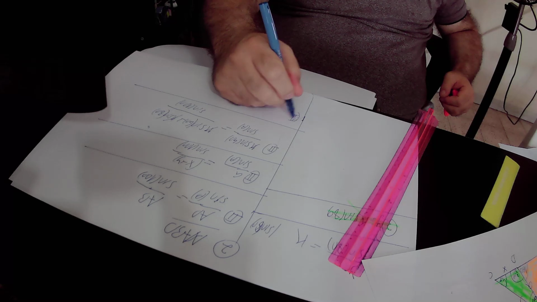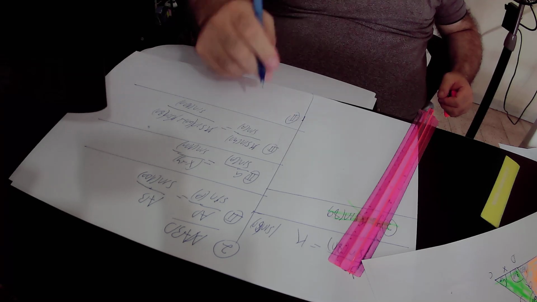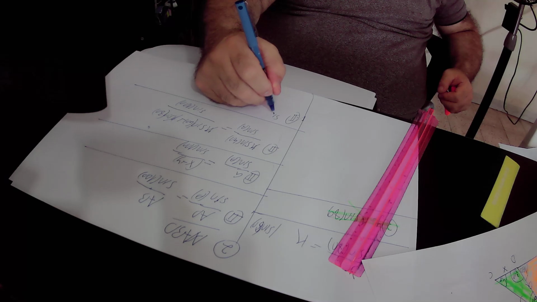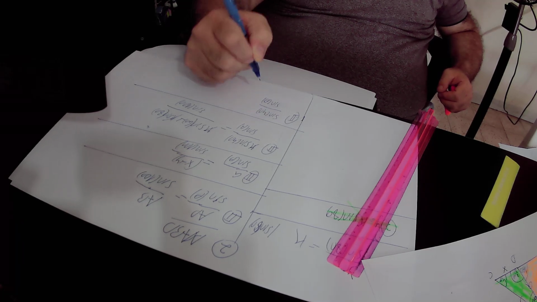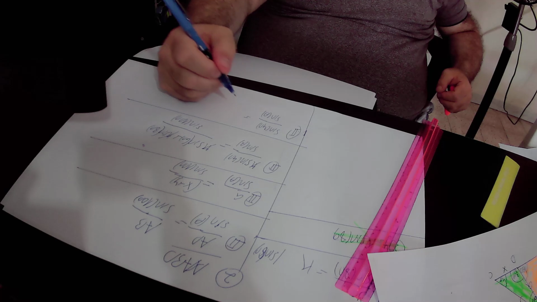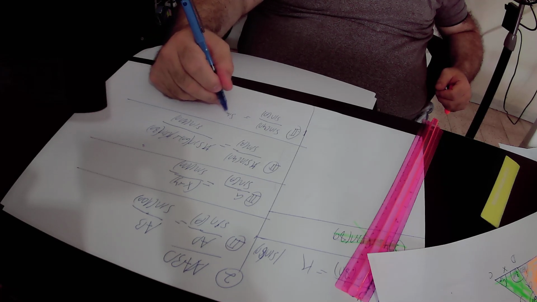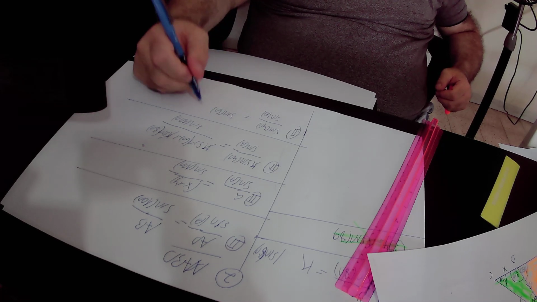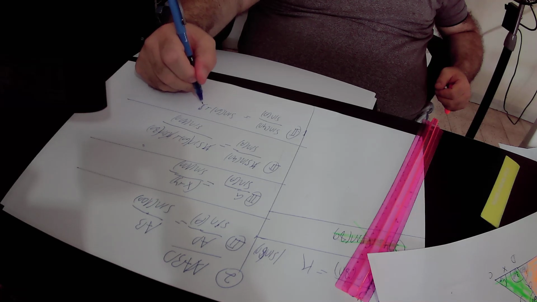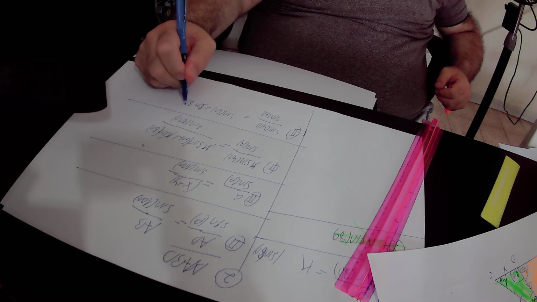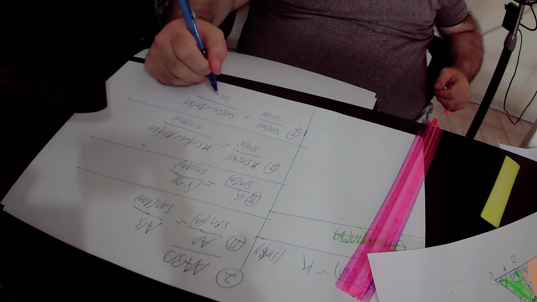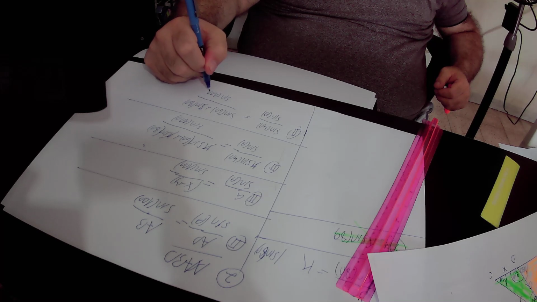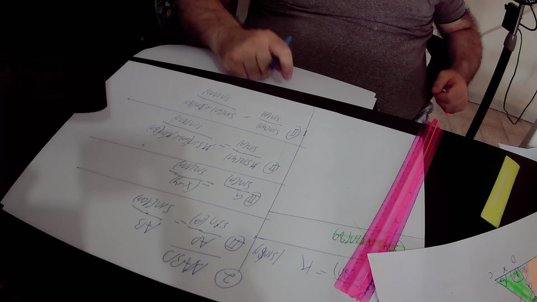On this side we are left with sine 40 degrees over sine theta, and that is equal to sine 60 degrees plus sine 80 degrees over sine 100 degrees. Okay.